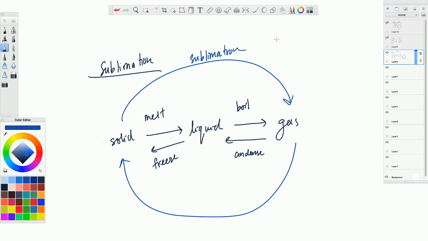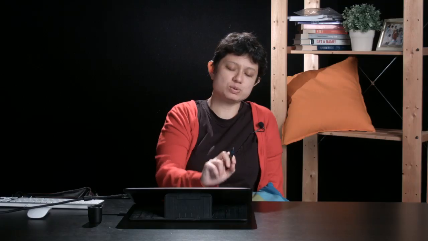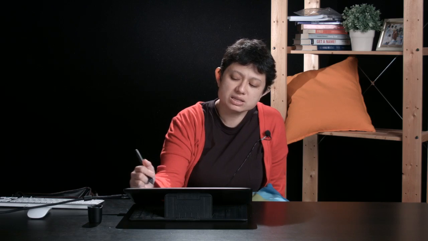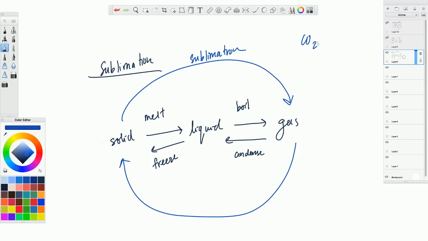Sublimation doesn't happen to all particles. Sublimation happens to only certain particles because the temperature for sublimation is lower than the temperature for turning to liquid. It skips one step and immediately becomes a gas or immediately becomes a solid. This is for example carbon dioxide.